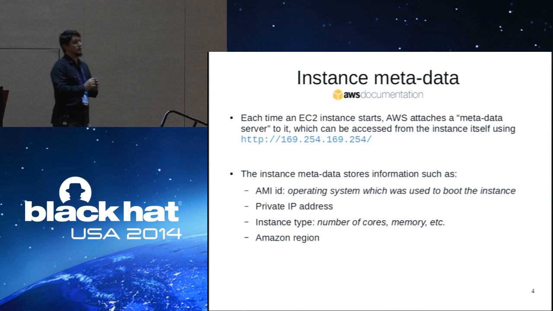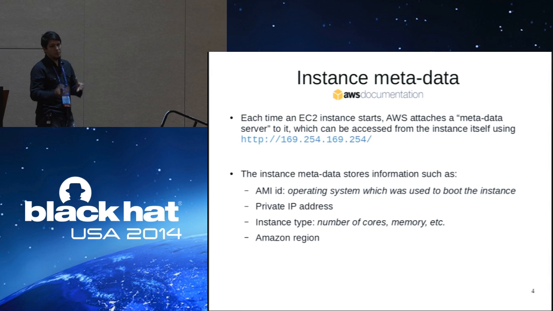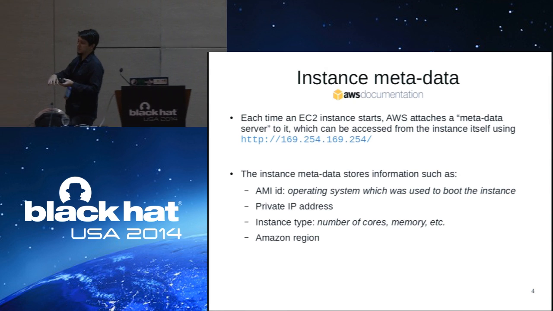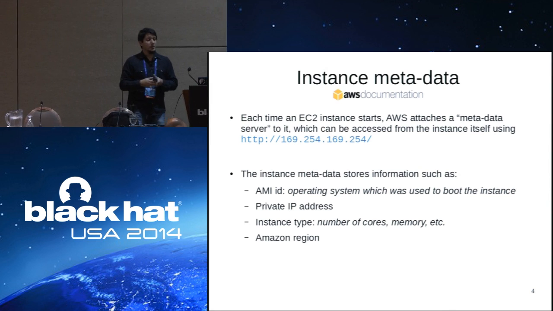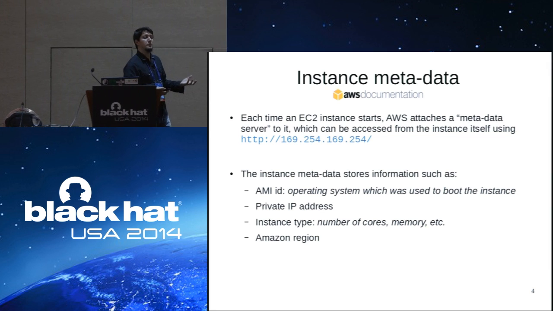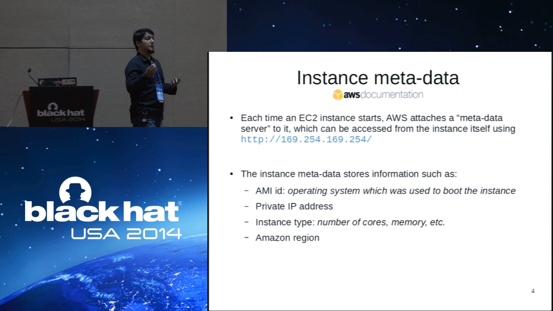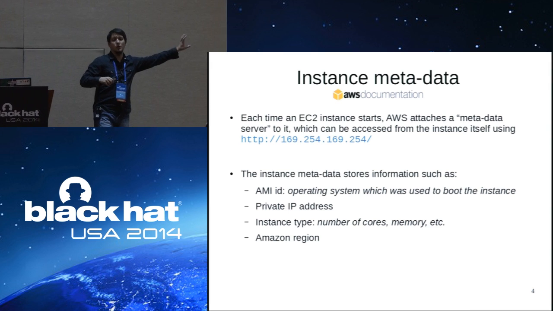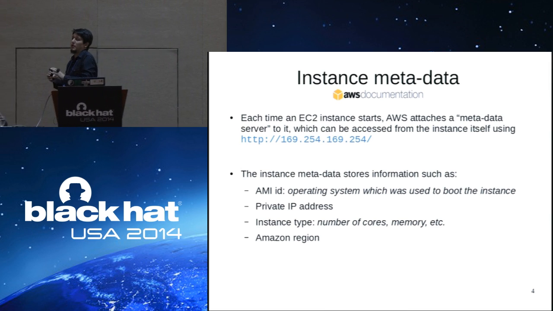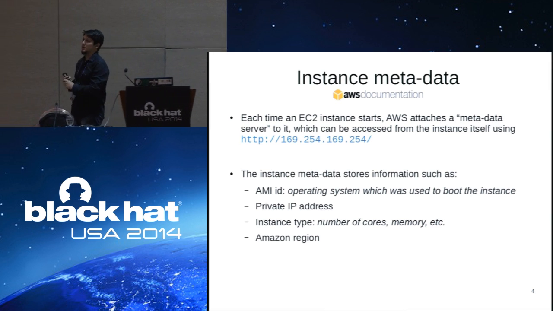You can only access that IP address and the metadata that it stores from that individual instance. So from instance A, you cannot access the metadata from instance B. But in this case, because of the vulnerability of the HTTP proxying, I was able to access the metadata from anywhere in the world, because we had a vulnerable web application living in that EC2 instance.